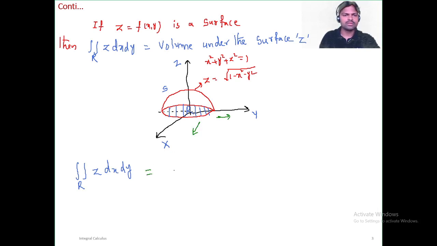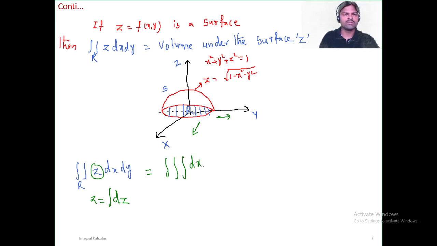Then how to evaluate this? Look now, I want to modify the same thing. Since this gives the value, this also gives the value. How am I modifying it? z can be written as the integral of dz, so the integration and the derivative get cancelled. Instead of z I am replacing the integral of dz.